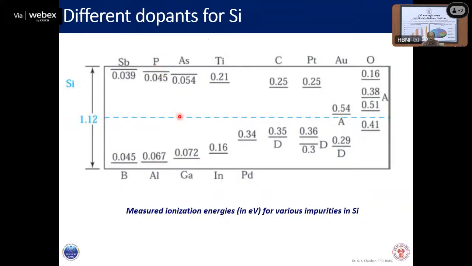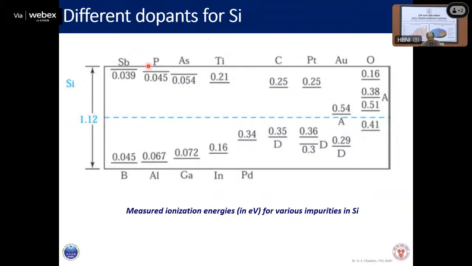If you add 10,000 phosphorus atoms, then there will be 10,000 unique levels just 0.045 electron volt below the conduction band.